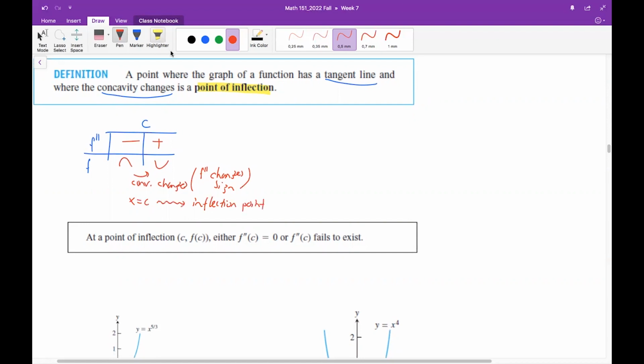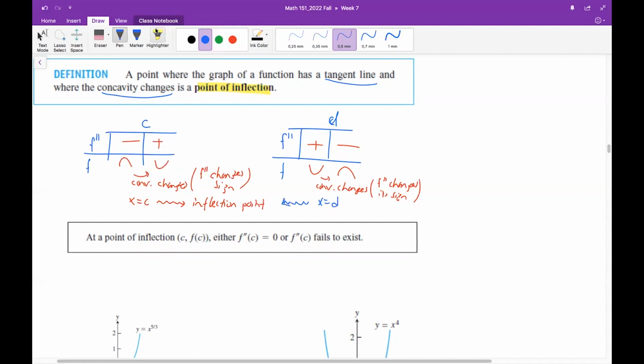Okay? And the situation may also be like this one. Concavity changes, but this time the second derivative will change its sign from positive to negative. Then your original function will be concave up and then concave down. Since concavity changes here, in other words, the second derivative changes its sign, then you can call this point, let's say d, x equals d, here again an inflection point.